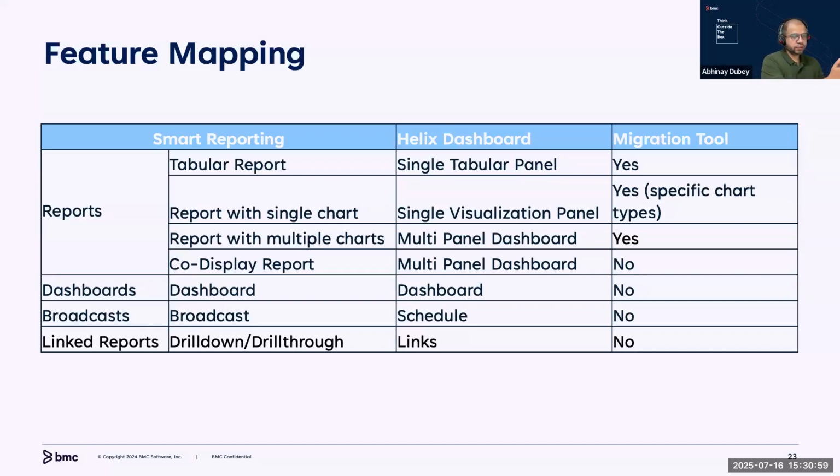The other key features have something very similar on the dashboard side: broadcast to schedules, drill down, drill through to links. So there's something similar, but you would also notice the migration utility doesn't support all of them, for the simple reason that the two platforms are built on different technology, and there is not always a one-to-one mapping that can be automated.